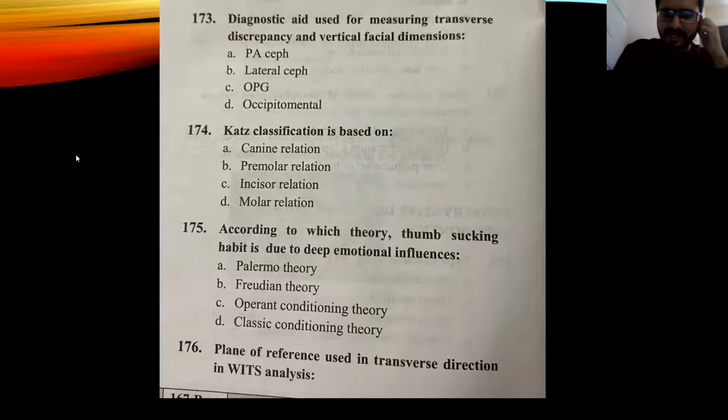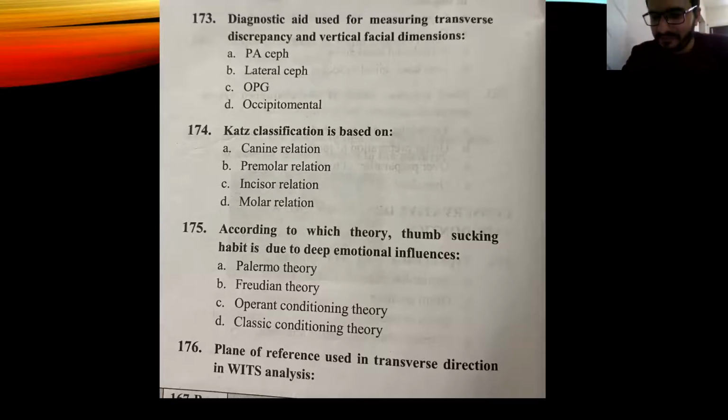What is 173? What is a diagnostic aid used for measuring transverse discrepancy and vertical facial dimensions? Guys, seriously, what does transverse mean? Transverse is this, not from the side. From the side you will see sagittal relationships.